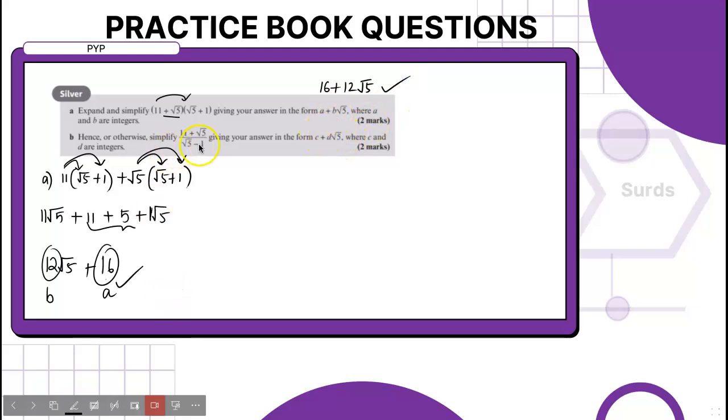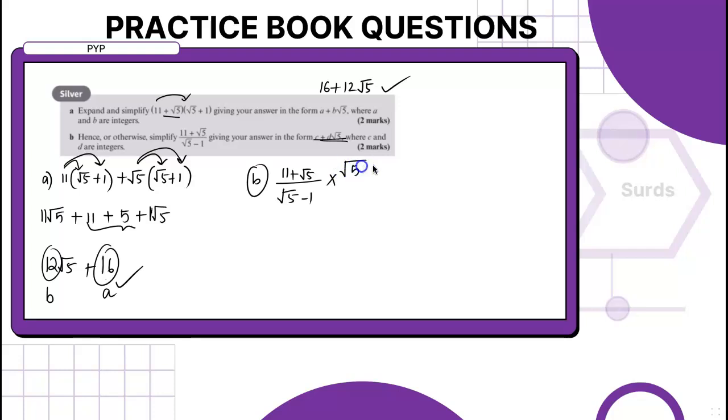Hence, we have to use the top thing. Otherwise, simplify this: it is 11 plus root 5 over root 5 minus 1. This is the B part we are solving. I think we have to rationalize because the denominator has a root.